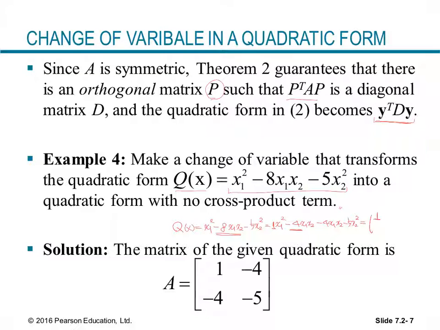This next negative 4 goes to the first row second column, and second row first column, and negative 5 goes to the second row second column. And then if I multiply x1 x2 and x1 x2, this row vector, you get this Q, right? So the matrix of this quadratic form will be 1, negative 4, negative 4, and negative 5.